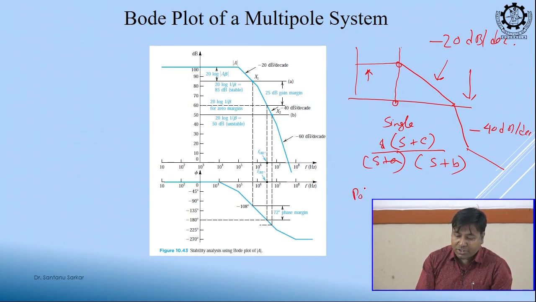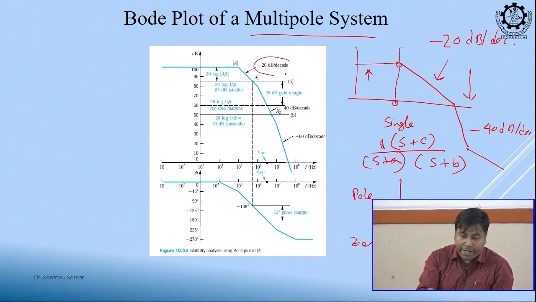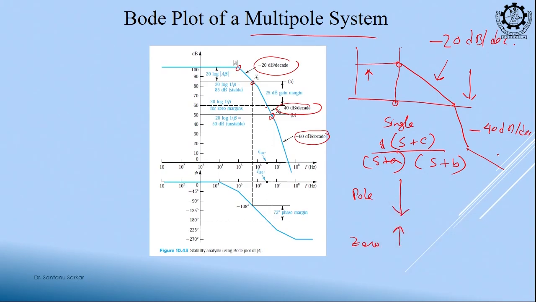Poles are decreasing my slope, zeros are increasing my slope. Let us see this multi-pole system: I have a pole here at 20 dB per decade, at this position another pole is added, minus 40 dB per decade, and at this another pole, minus 60 dB per decade. Suppose at this position instead of a pole it was a zero, it would go up again to minus 20. This is just one example.